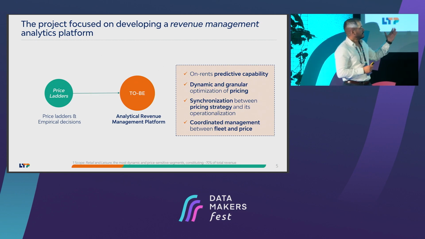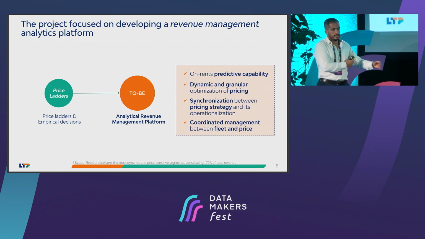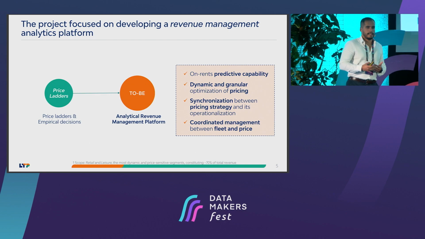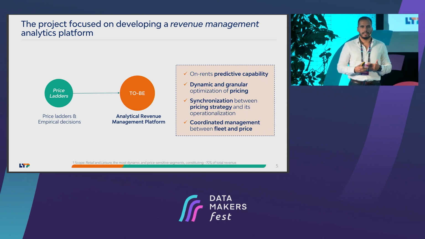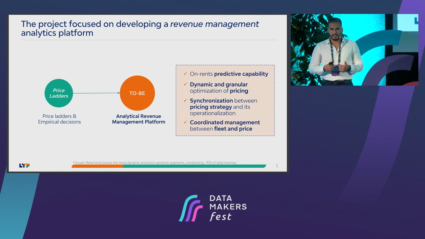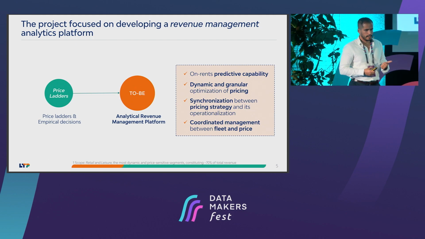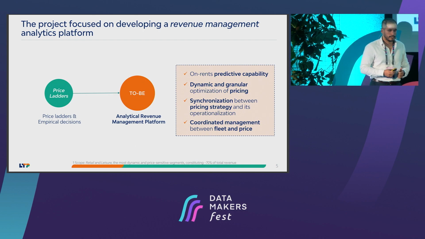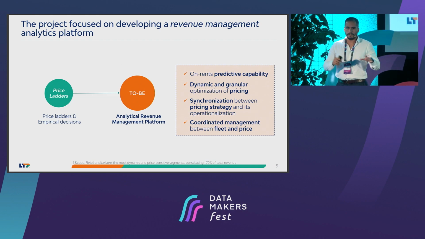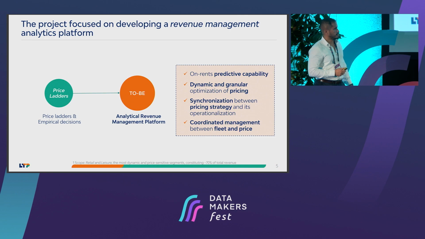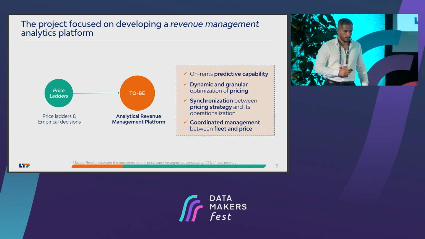So the project aims to get a better predictive capability of on rents, and a dynamic and more granular pricing decision. By dynamic, I mean doing this on a daily basis, not only when people are around and can change the prices. It also aims to synchronize the price, the fleet and the operation strategy, and get a better coordination between all the decisions that the company itself wants to make.